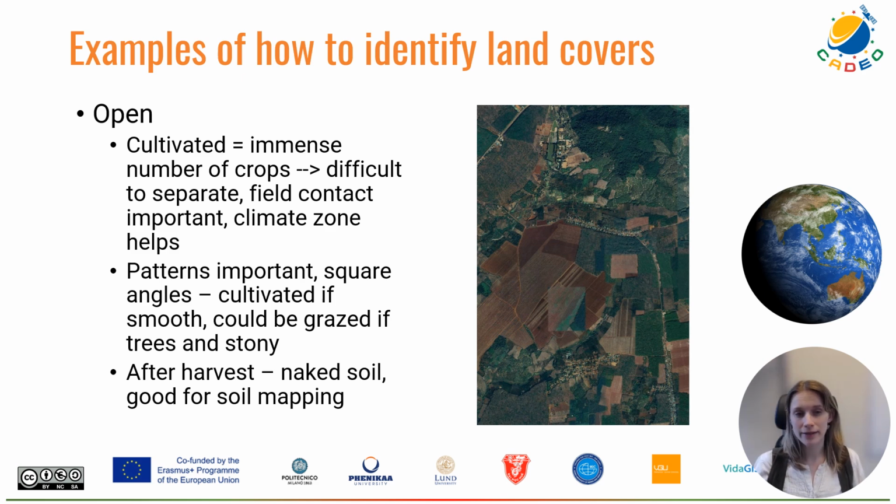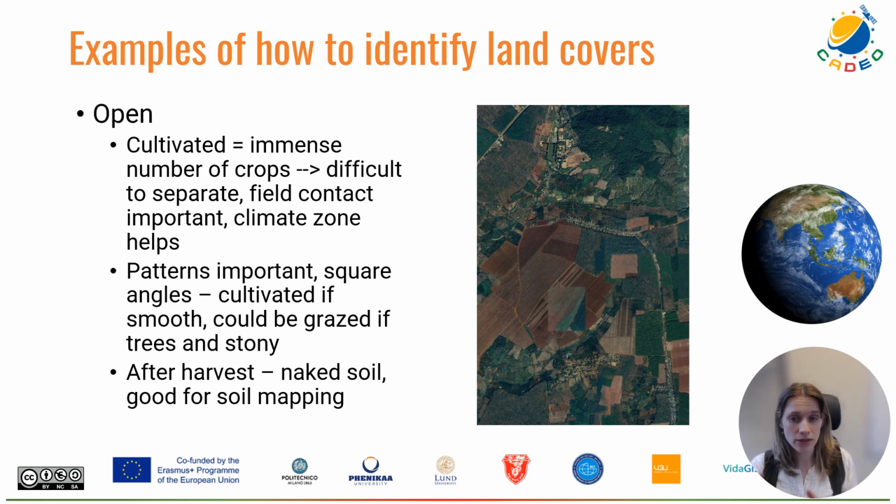Also for croplands, you don't only look for the color for green fields, but the patterns are relevant. So usually the fields are quite square shaped. If they are smooth and have a very similar color and texture, they tend to be cultivated. But if there are a mix of different patterns or colors or tones in the field, it may be grazed.